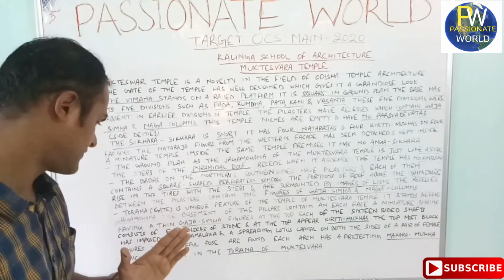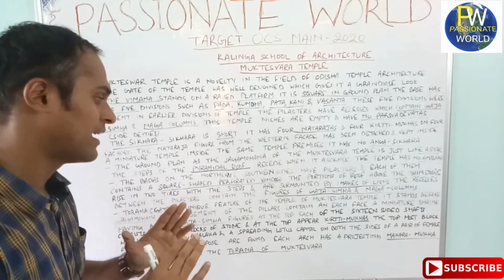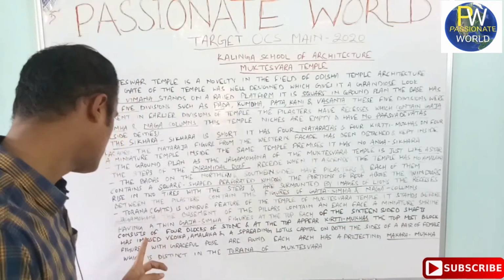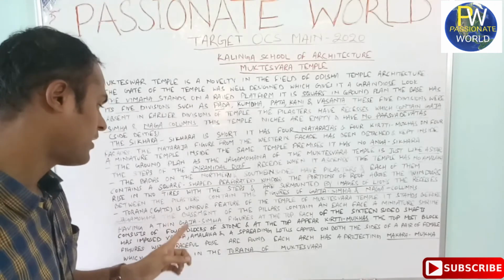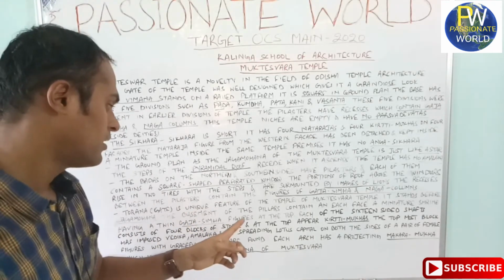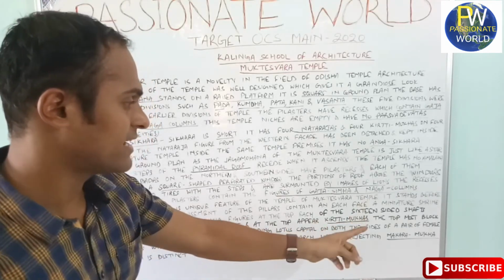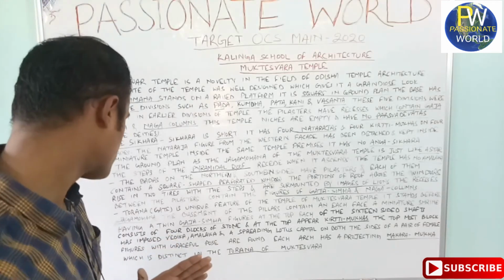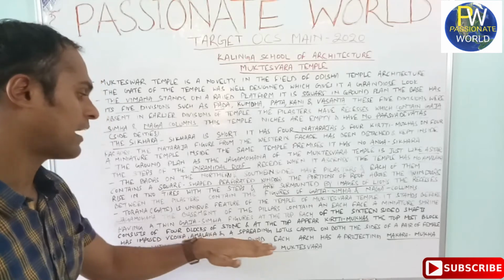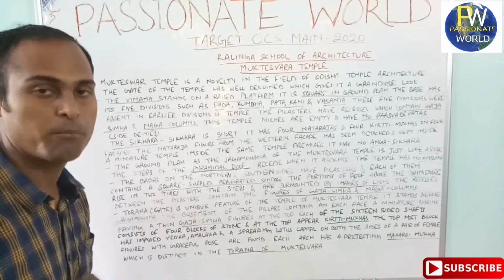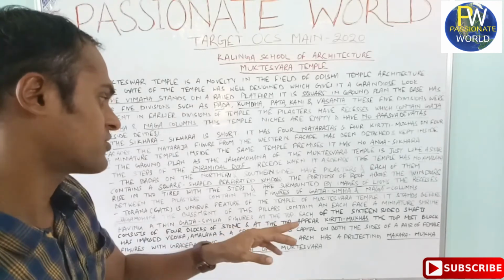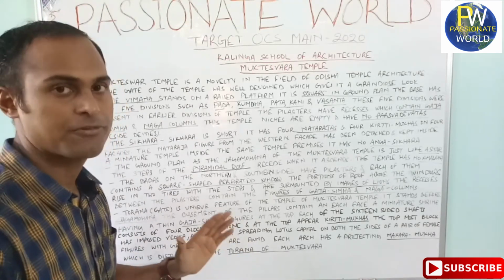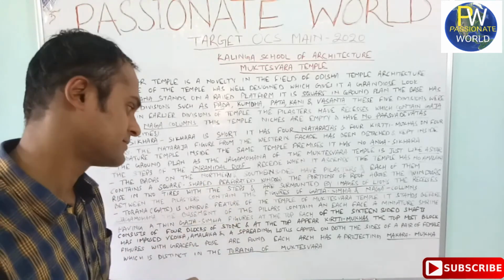The topmost block has an imposed Vedika, Amalaka and spreading lotus capital, and on both sides a pair of female figures with graceful poses are found.